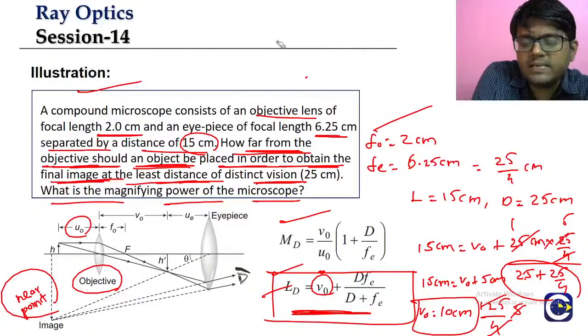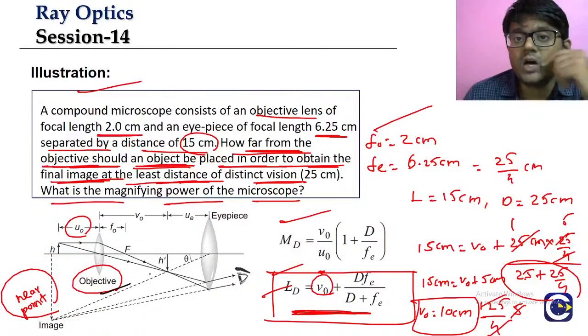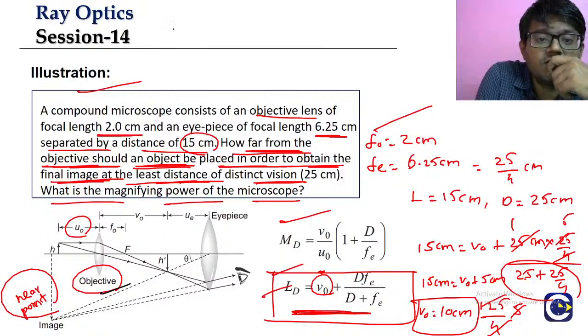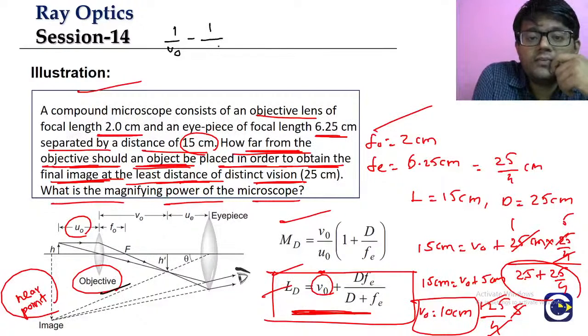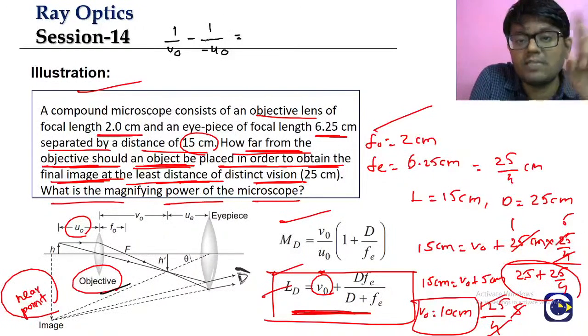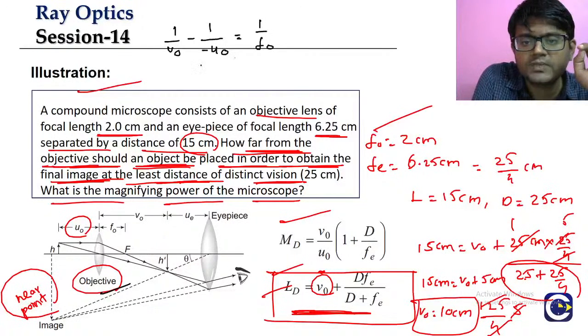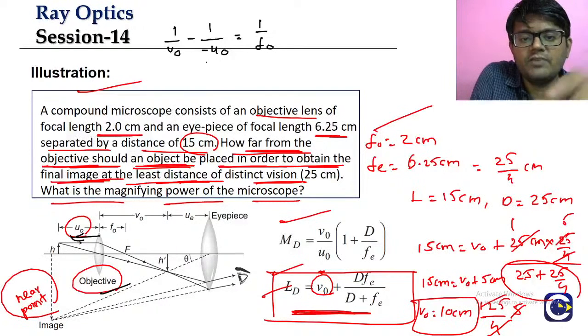Now what is the next step? Once we get the VO, as I said, we will go to the objective and use the lens equation. What is the lens equation? 1 by V minus 1 by U is equal to 1 by F. Here the object distance is measured to the left side, that is why we are putting minus UO.